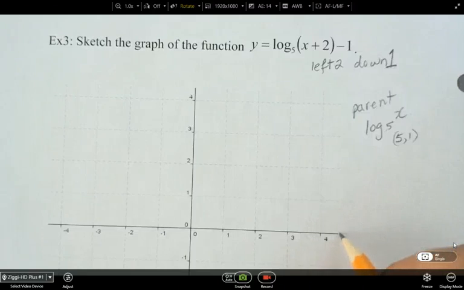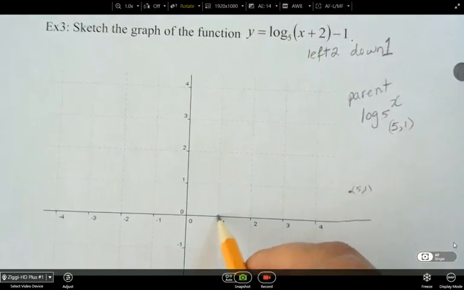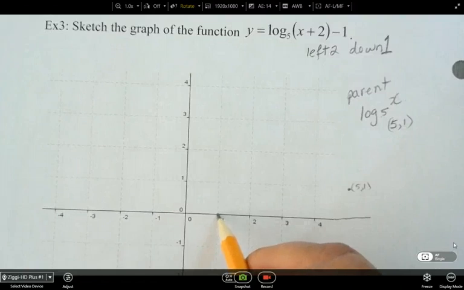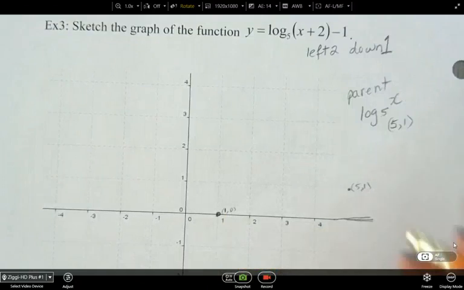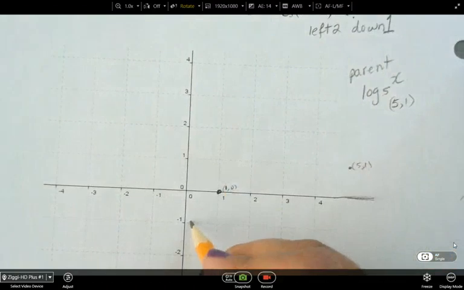So 5 and 1 is going to be there. And then where does the graph always go through? 1, 0. So I've got 1, 0 there. This isn't much of a straight line, but you get the idea. And this is going to be at like 1/5, right?